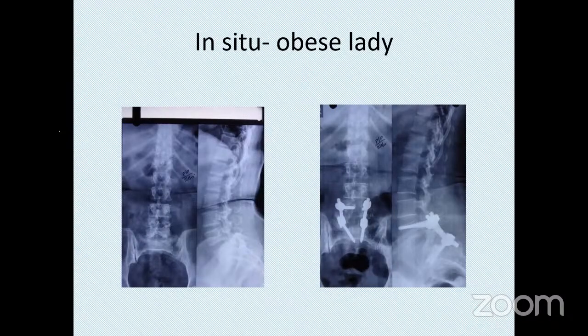So here I ended up fusing normal motion segments. It all depends. This was an obese lady. As I told you, because the learning curve is a bit high, I ended up in this obese lady fusing a non-culprit or a normal motion segment.